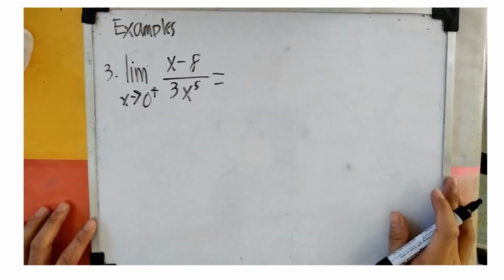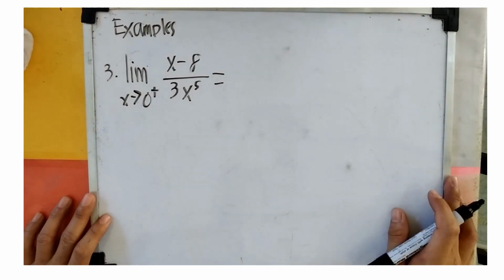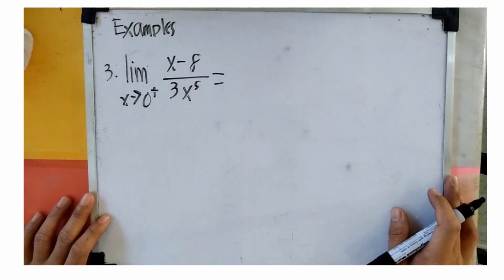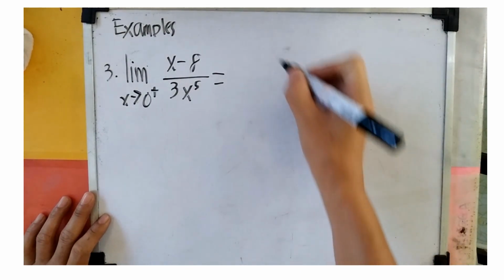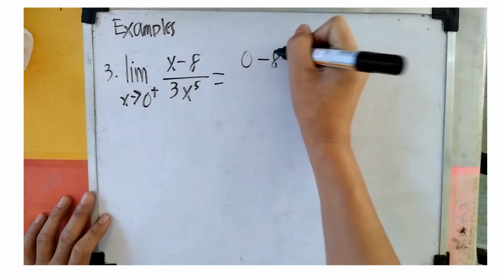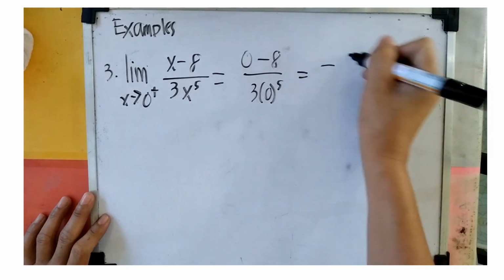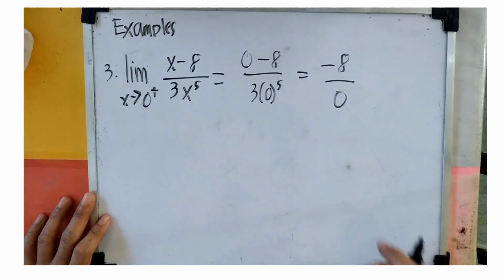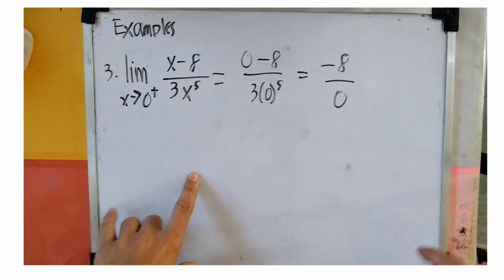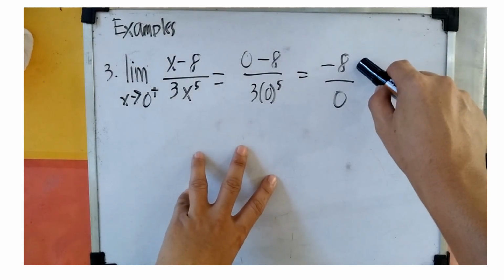Okay, let's proceed with example number 3, the limit of x minus 8 over 3x to the 5th power as x approaches 0 from the right. What will we do with the quotient? Diretso substitute, 0 minus 8 over 3 times 0 to the 5th power, negative 8 over 0. Okay, na-observe nyo class, that's negative 8 sa numerator.